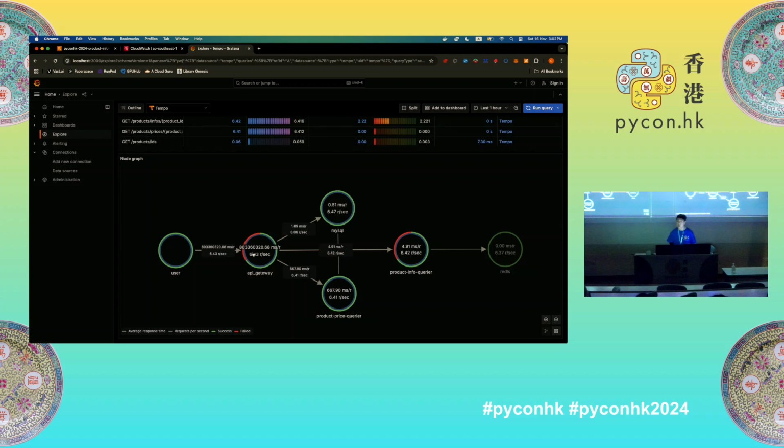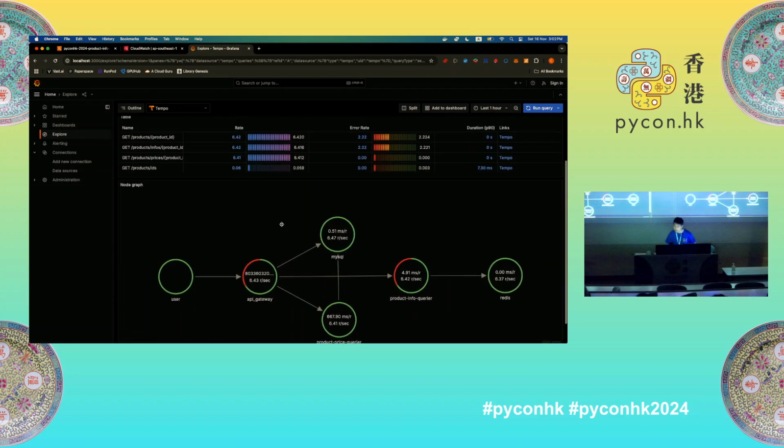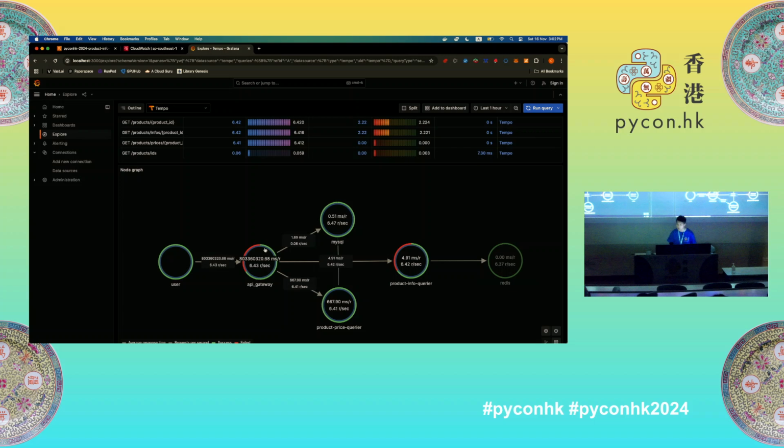The red one means I'm now having around 30% error rate, and those errors are due to the product info service, so the API gateway also gets errors. But for MySQL, the price service, and Redis, there's no problem at all. So if you set it up correctly, you get this beautiful graph that you can show off to your boss and tell them, yeah, our system looks great, right?